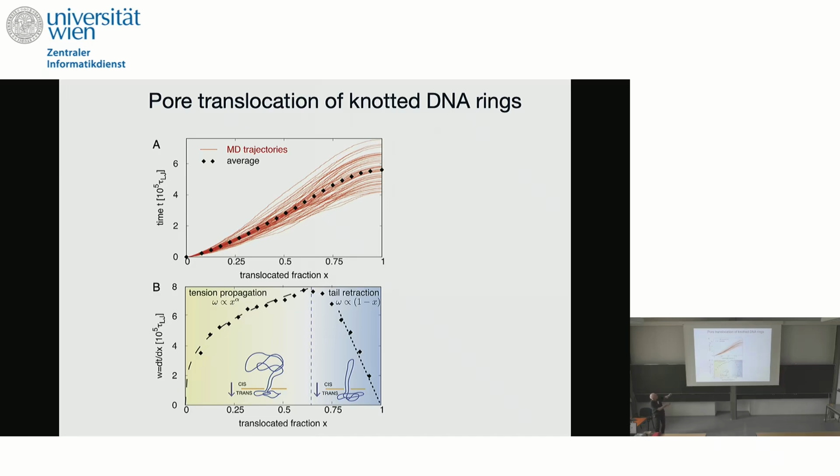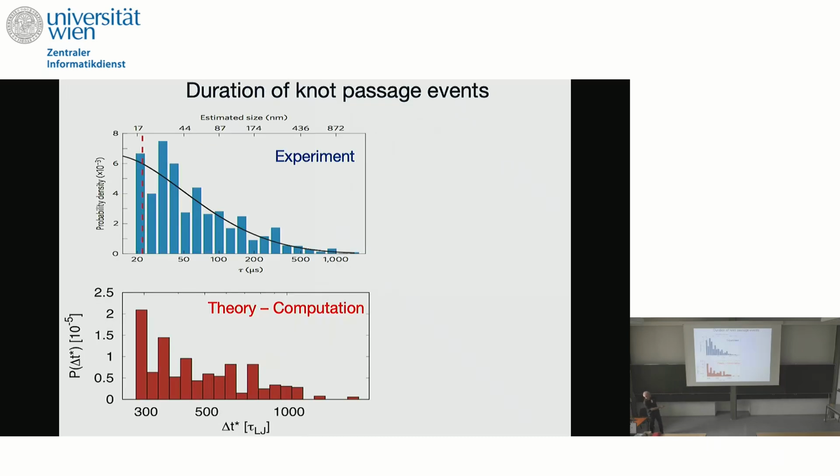And this slowing down that you can see from these curves here reverberates in having a broad distribution that has not very much to do with the knot being large or small. Knots are always tight, but they translocate with different velocities because translocation typically happens quite late and therefore with a low velocity that gives you these long translocation times that are not indicative of tight knots.